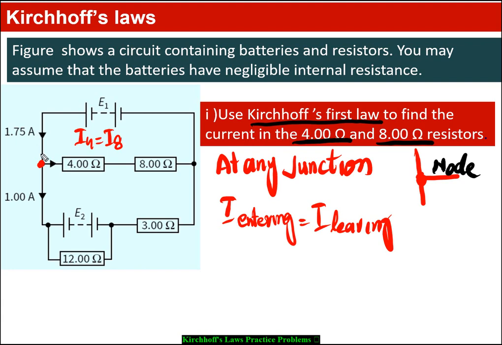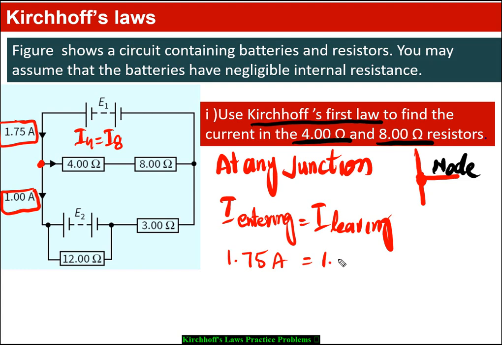Now, how much current is entering? That is 1.75 amps. How much current is leaving? That is 1 amp, and on this side also there is current.